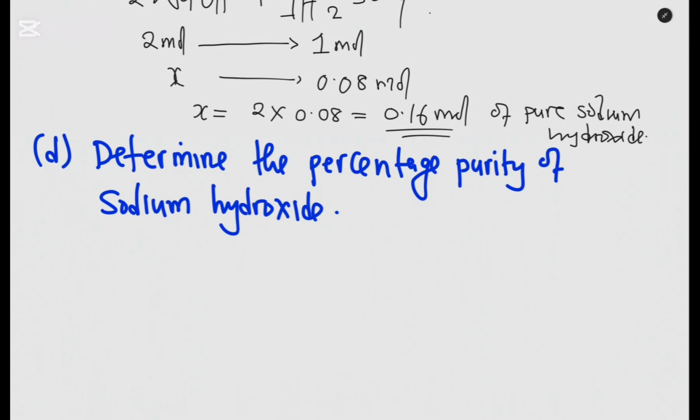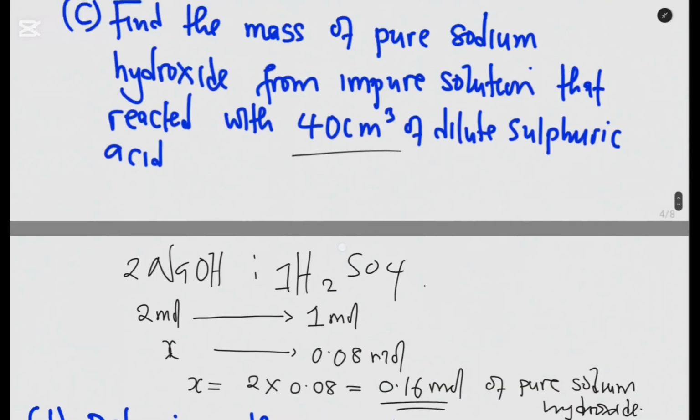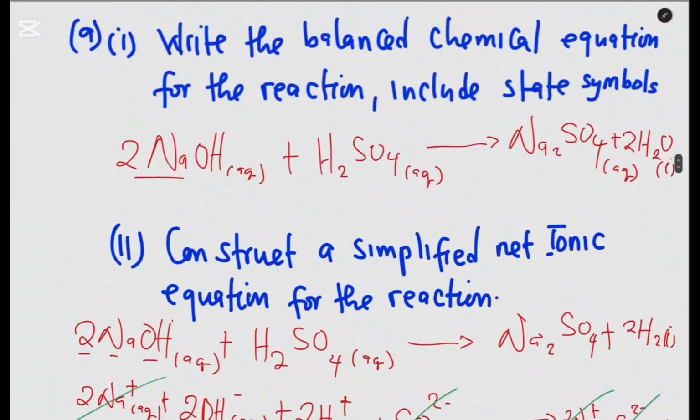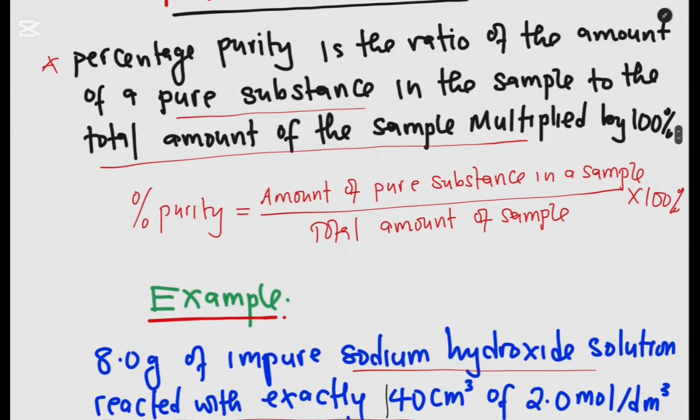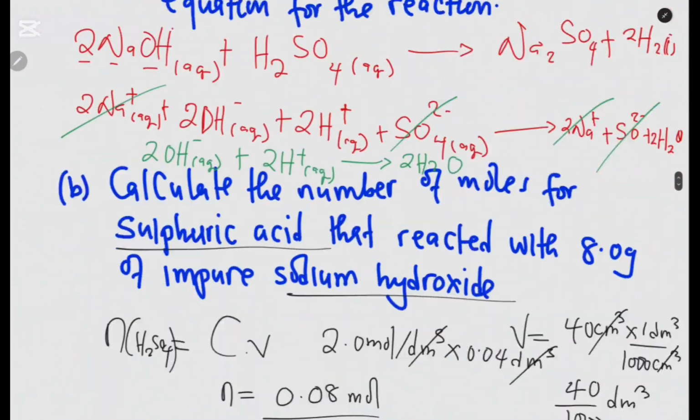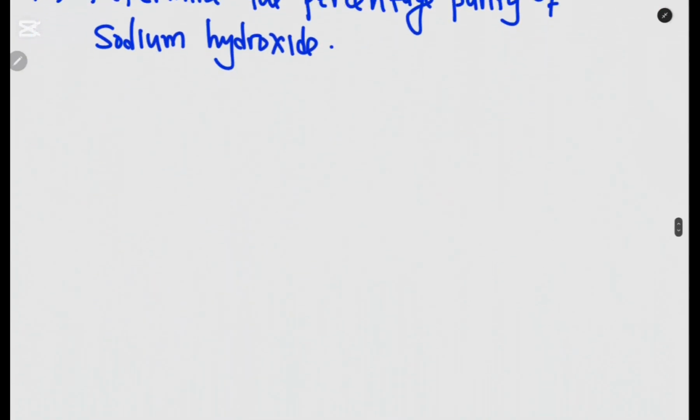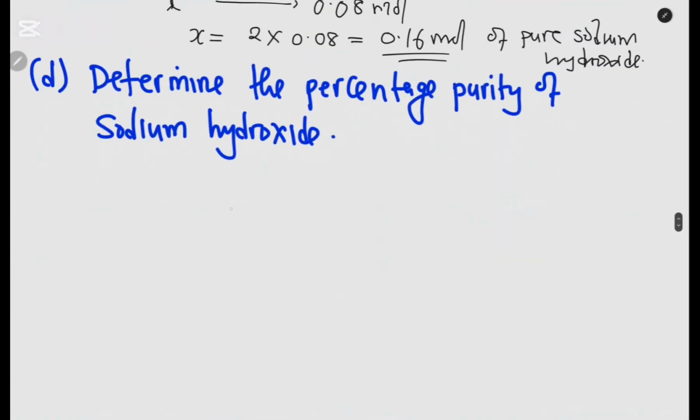Now remember the formula for percentage purity. Where is it? So it is right here. Percentage purity is equal to the amount of pure substance in a sample divided by the amount of impure substance, multiplied by 100. So we need to find the amount of the pure substance. The impure we've already found.